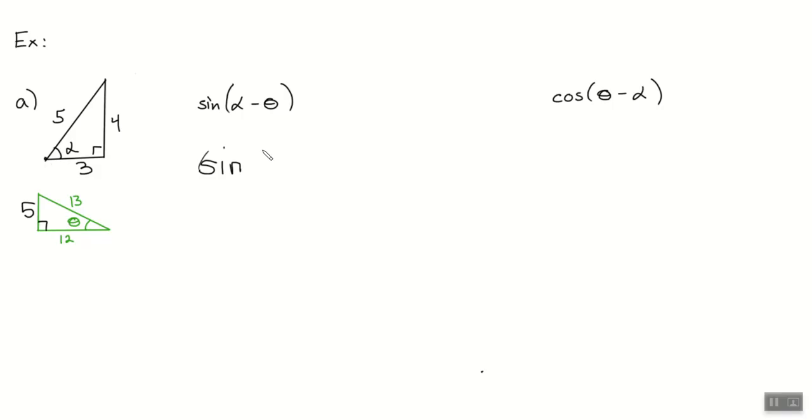Leilani's writing parentheses, 4/5. Okay, 4/5 because we were using the first triangle with alpha, and then we're also taking theta.